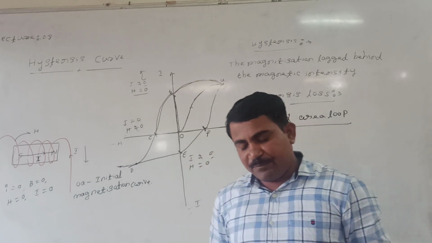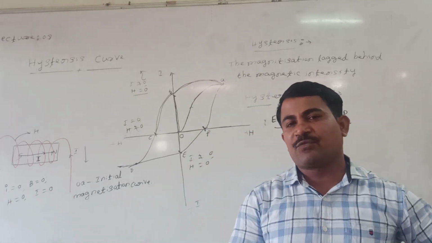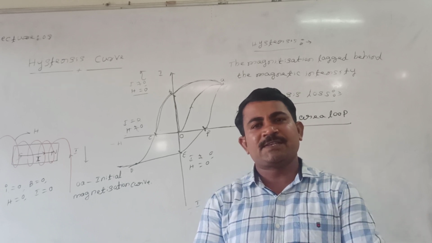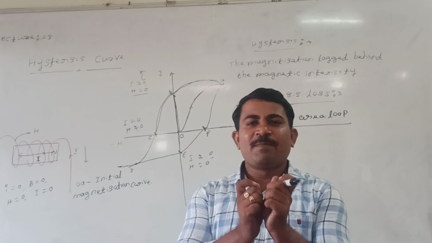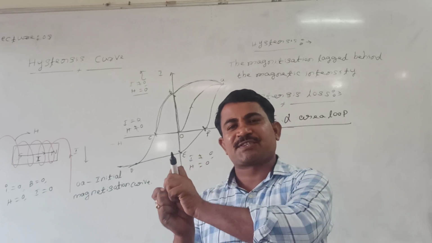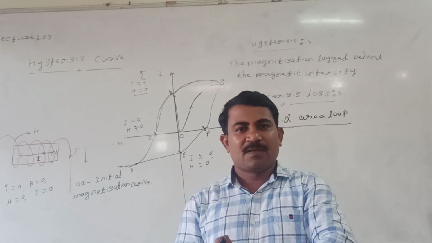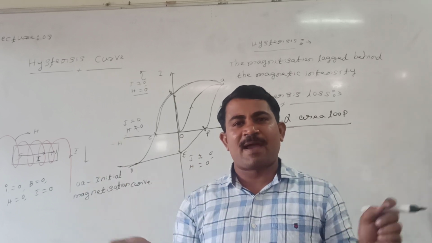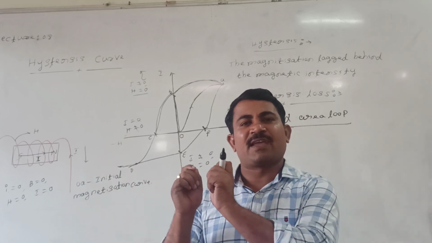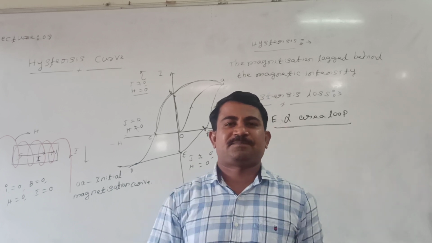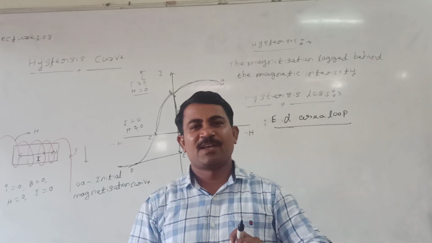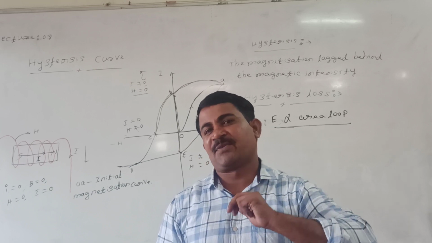See here. Before that, we'll see one more phenomenon. The phenomenon is a property of ferromagnetic material. When a ferromagnetic material is subjected to an external magnetic field, after removing the external magnetic field, either magnetic field lines remain or they do not. On that basis, ferromagnetic material can be classified into two categories.